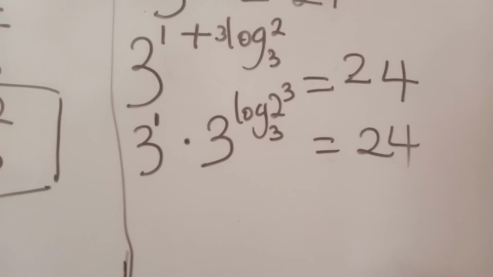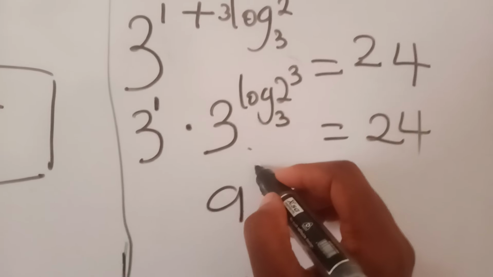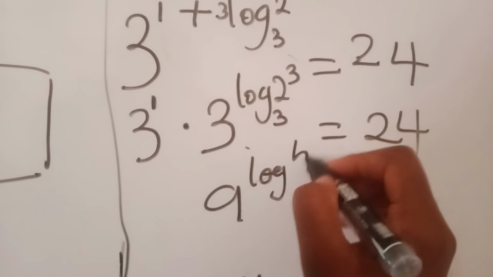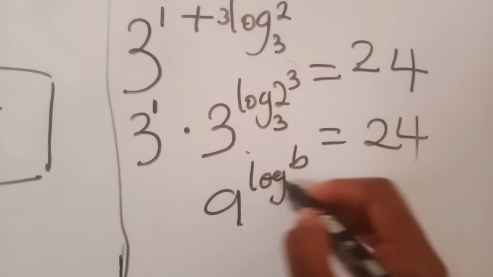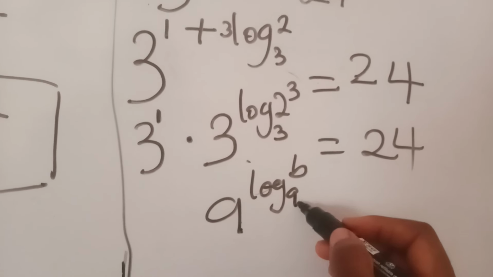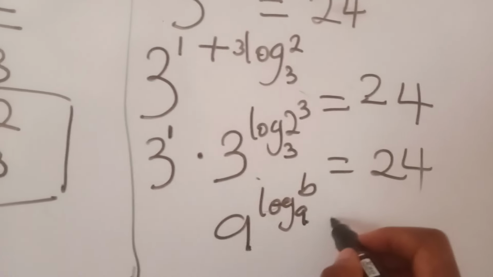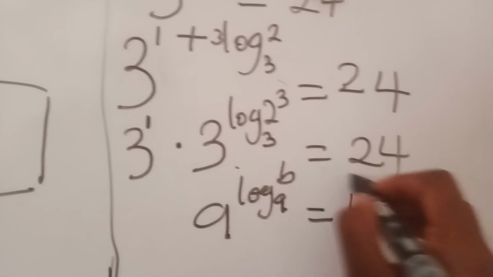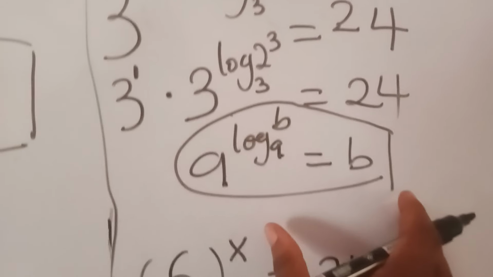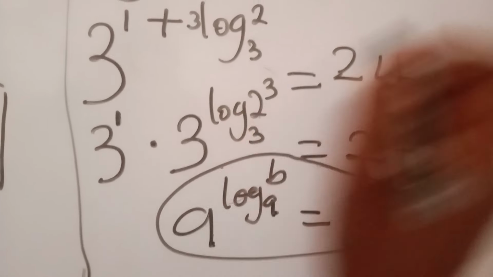Looks familiar, right? Now remember, this has a law guiding it, which says when a base is carrying a log power, and the base is same as the base of the log, then the final answer is the argument. You get it? So if we have this, it means from here our answer is 2 to the power of 3.